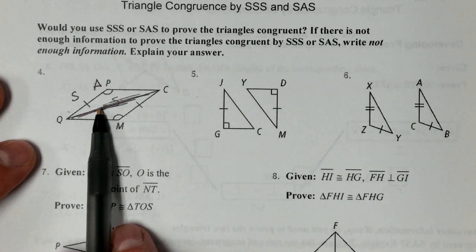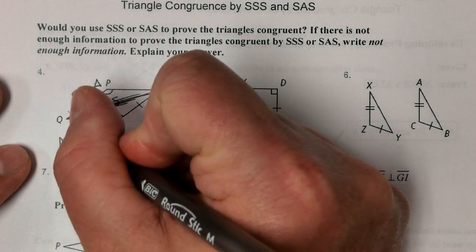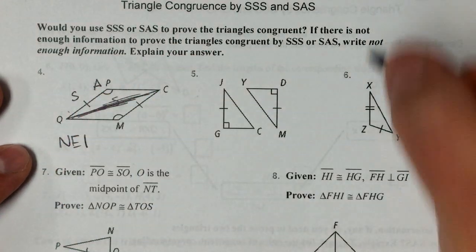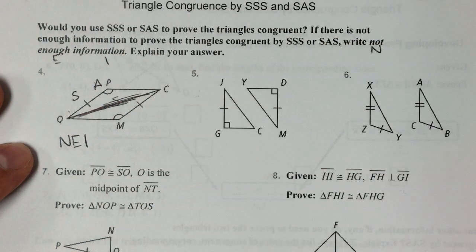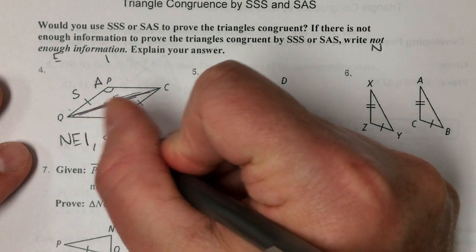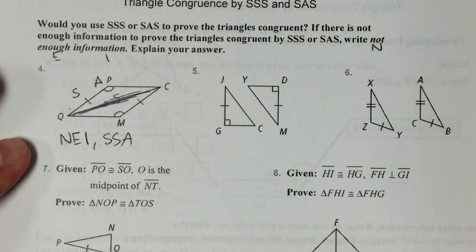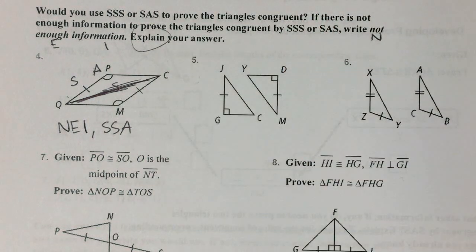Which is not our postulate, so we've got to say not enough information. I'm just going to put NEI because it's like that, abbreviating. Not enough information, and this is SSA. So whenever it says explain, make sure you do.